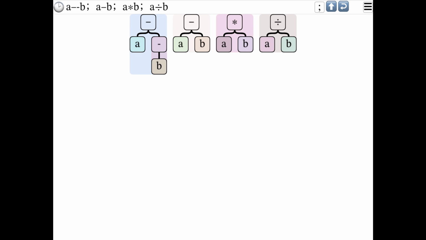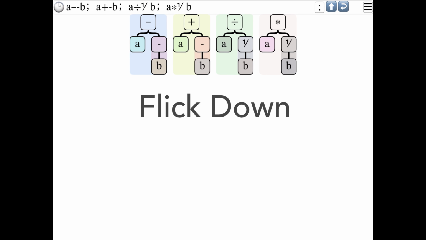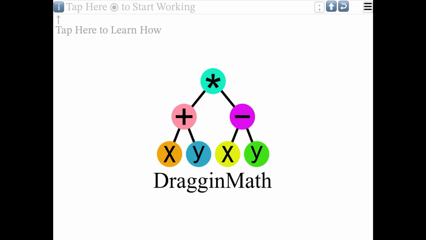Convert subtraction into addition, or multiplication into division, or division into multiplication, all by flicking down on the operator. That's all for now.